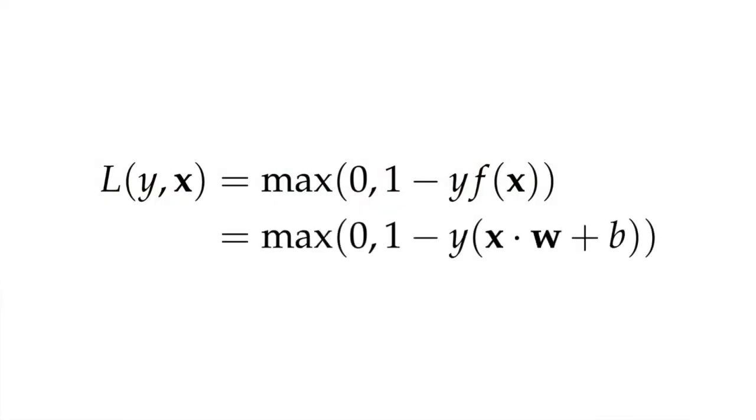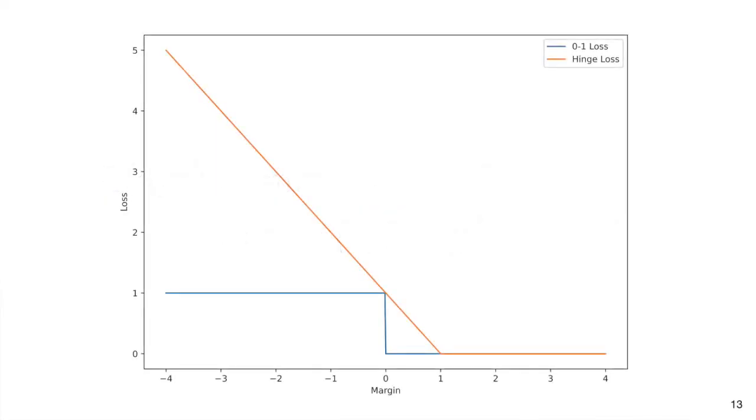We can also conceptualize this soft margin maximization as a loss minimization problem which can be solved by gradient descent. The loss function in this case is known as the hinge loss, and it looks like this. Here's a plot of it compared to a 0-1 loss.